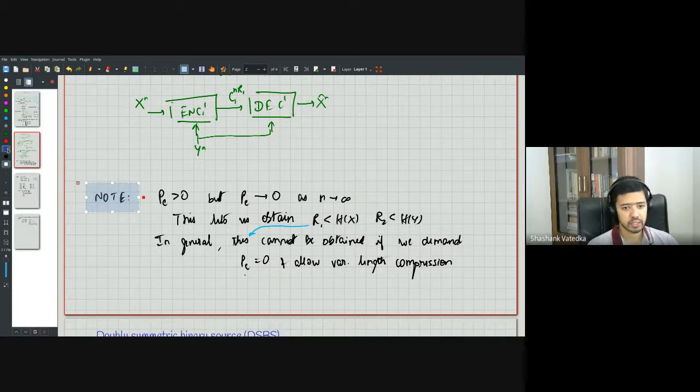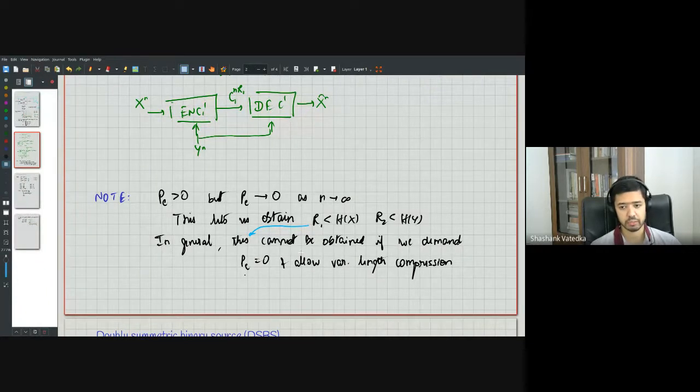So unlike the point-to-point case where we saw that the best rate that can be achieved is equal to H of X if you have a single source and a single compressor and a single decompressor, even if you do say fixed length compression with vanishing probability of error or variable length compression with zero error, asymptotically the same rate can be achieved.